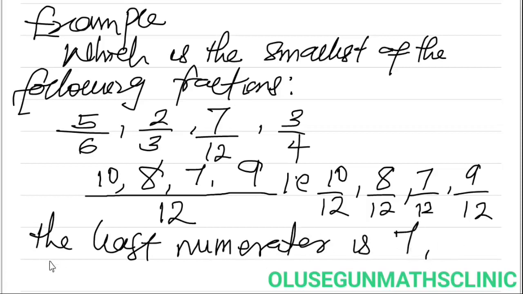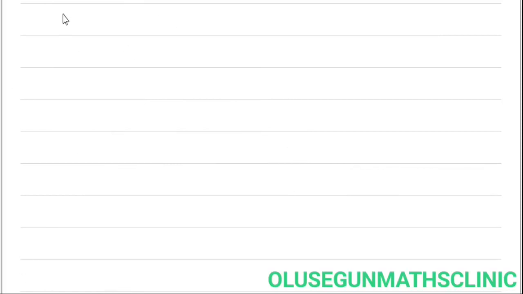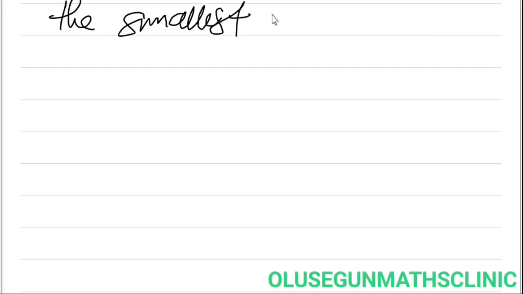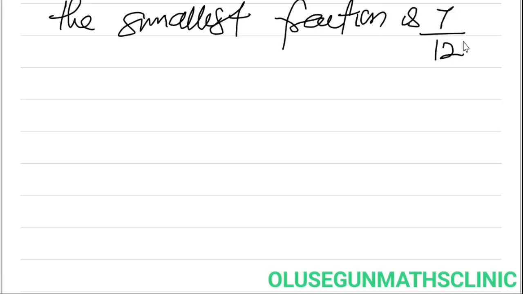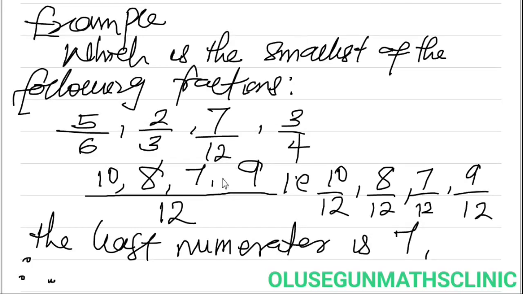Therefore, the smallest fraction is 7 over 12. We don't need to waste much of our time here, because we have already seen that we have 10, 8, 7, 9, so it is very easy for you to get the smallest value.